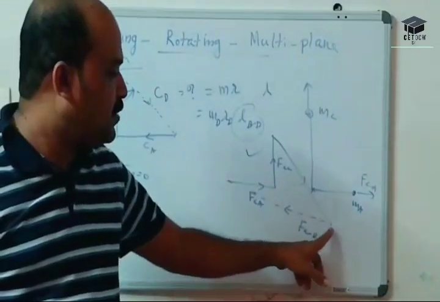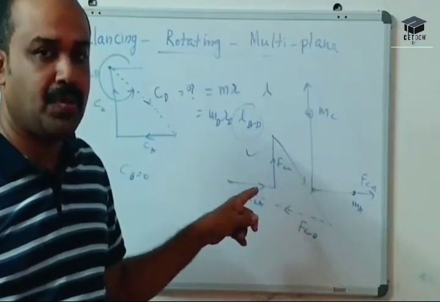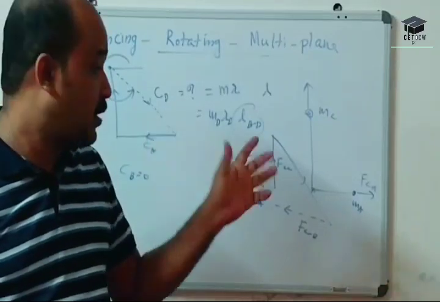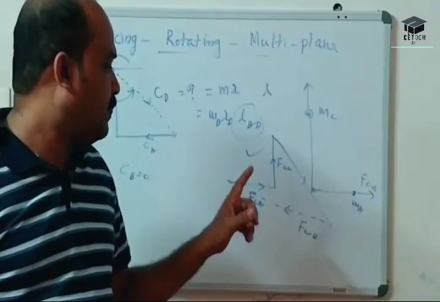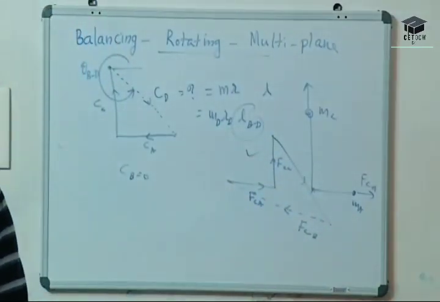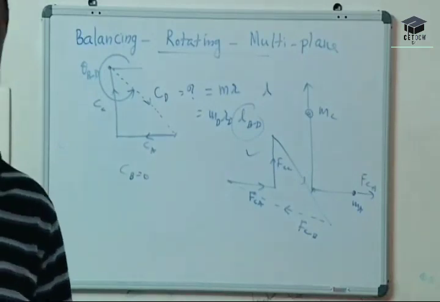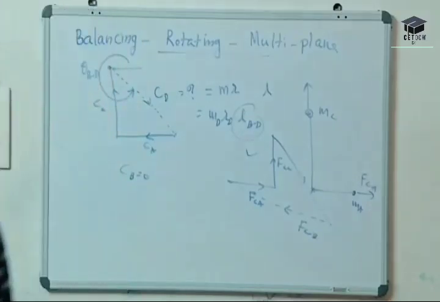Again, you can convert this length into force using the scale and equate this to MR omega square, not L. Omega is 1. So from this value of M and R, you can find the unknown MB. MB is the unknown. So that's it. Okay.